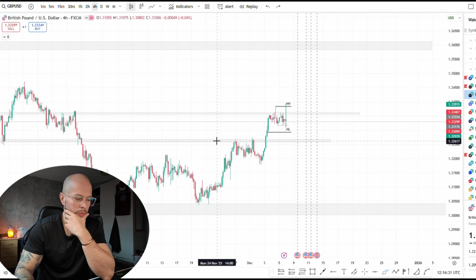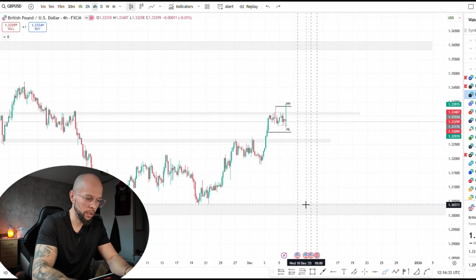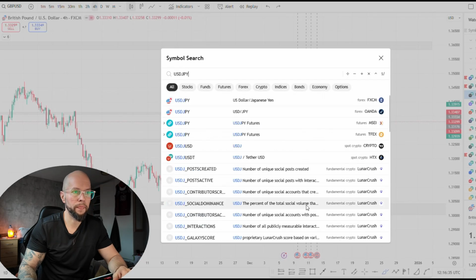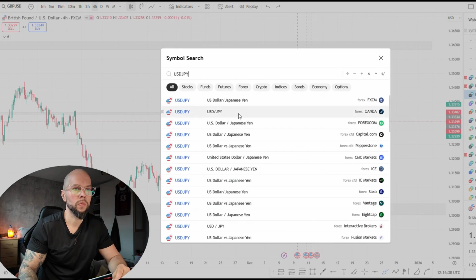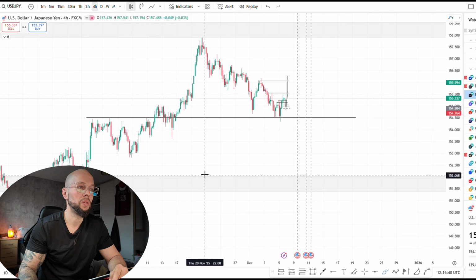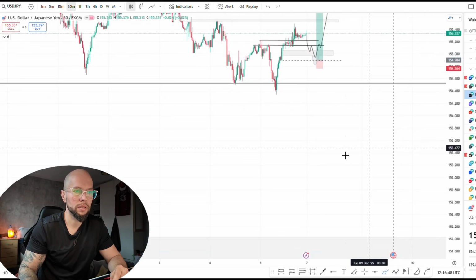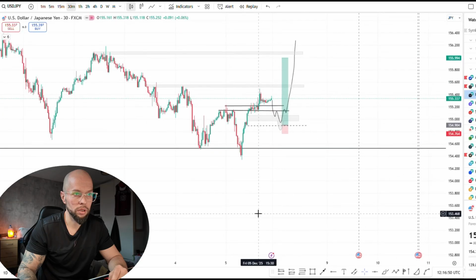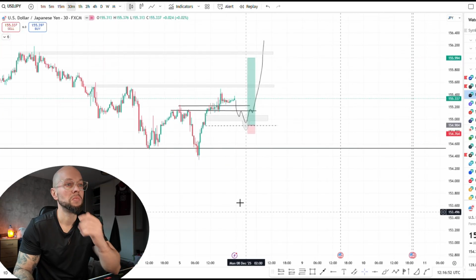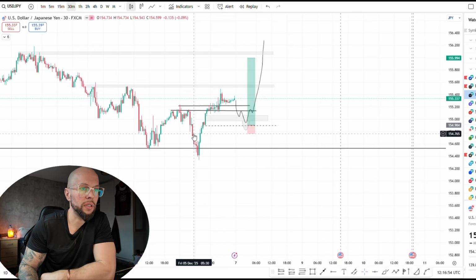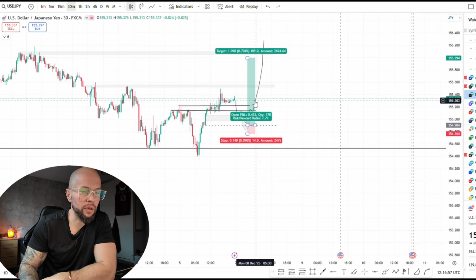So probably not this one. USD JPY. Strong reaction, back to the upside. Need to wait for this to come down over here if we're going to take a trade.